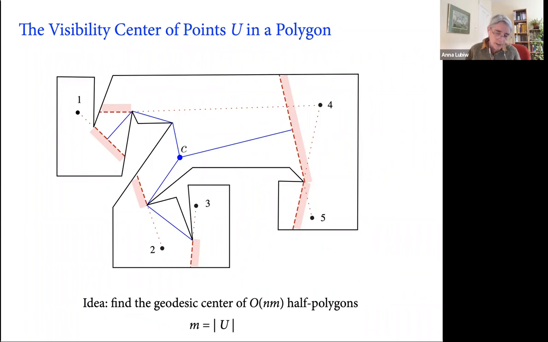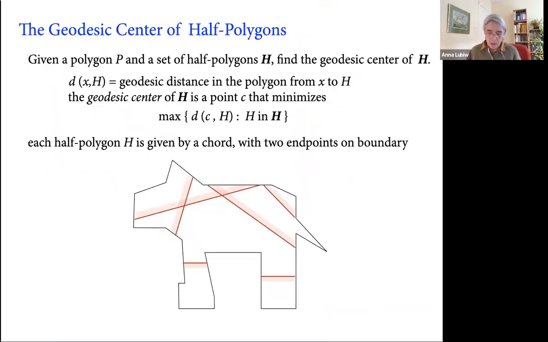And if I contemplated putting the center down here somewhere, I would have to reach that half polygon in order to see the point 4. So I've drawn some of these half polygons here, not all of them, but in general, we would be getting m, the number of points, times the number of reflex vertices, that many of these half polygons, which is more than we want, right?